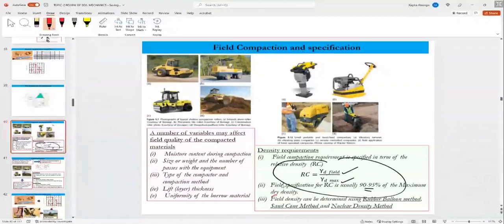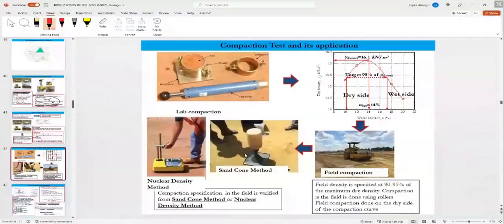We use a couple of methods: sand cone method and nuclear density method. For the sand cone method, you compact, dig a hole, and get the weight of the soil.